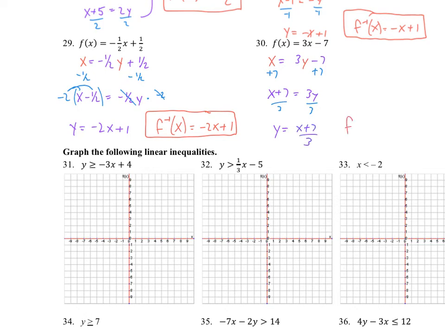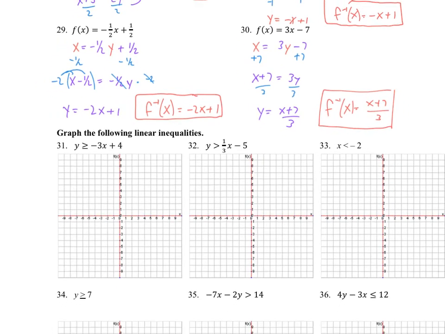Finish it up with the notation: f inverse of x equals x plus 7 over 3. All done. Alright, so that's your inversing. Hopefully those are pretty simple.